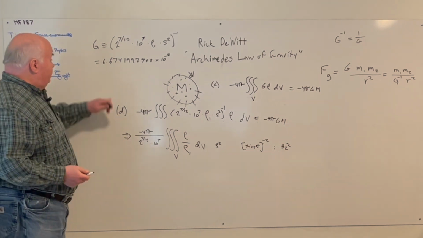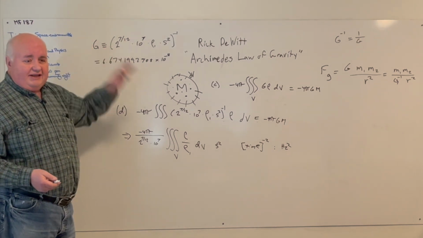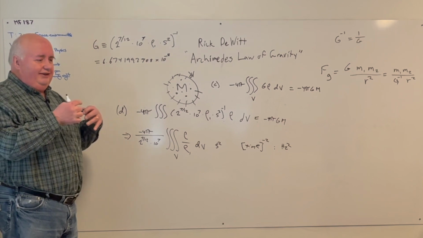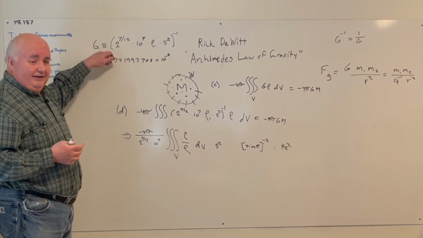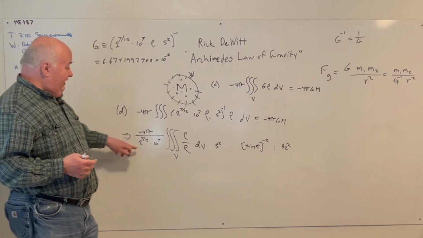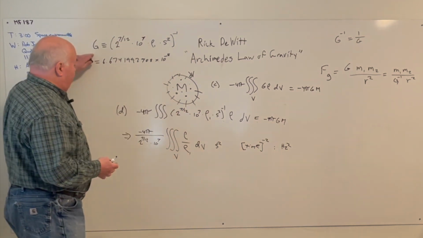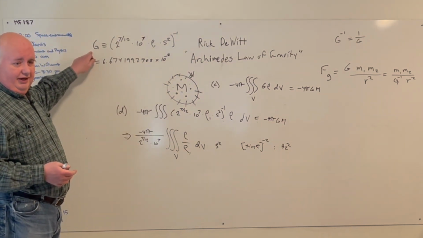But it turns out that there's something really amazing about gravity. It stays the same over time. So this is time independent. You're getting out some number of hertz here, but the gravitational constant is not contributing time to this.